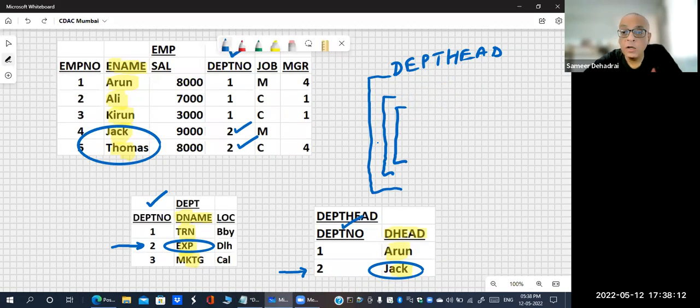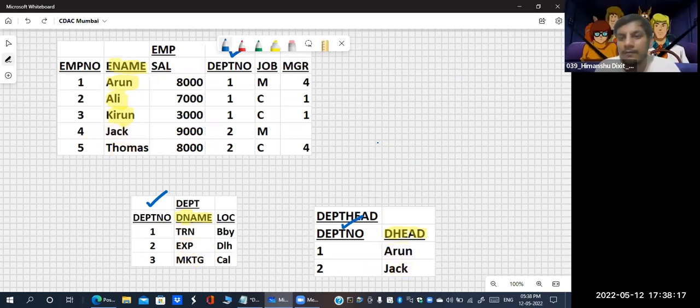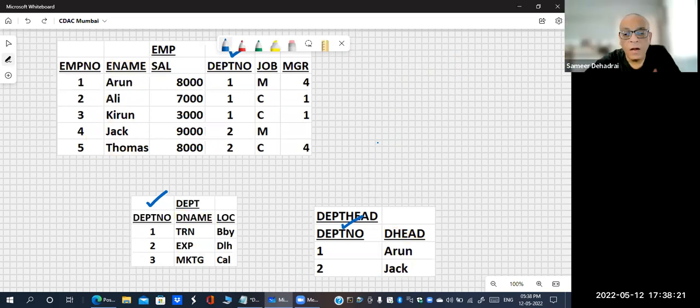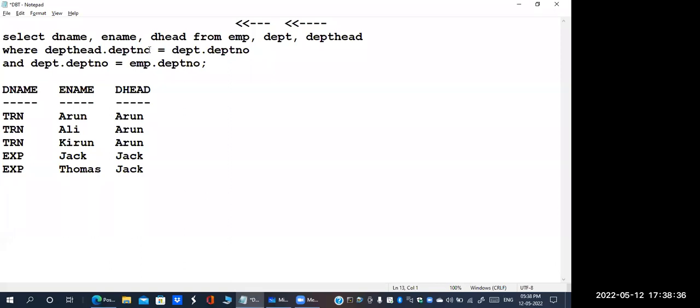Now, let's talk about something else. Will marketing appear in the department name in the output here? It will not come. If you want marketing to come, you'll have to use an outer join. So that for department number 3 marketing, even though I don't have any D head, you want this to come. So where will you put the plus sign?